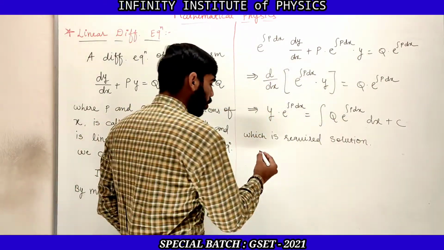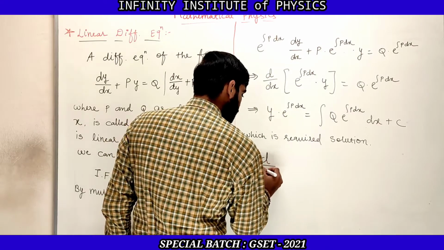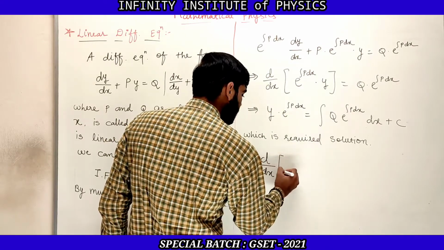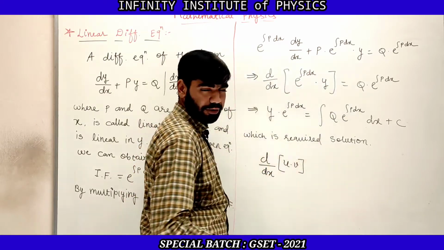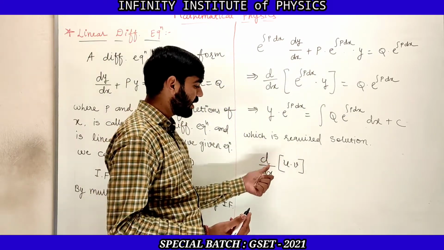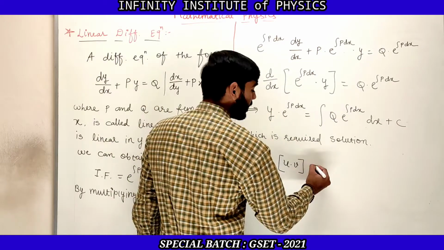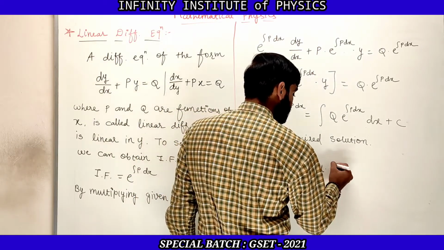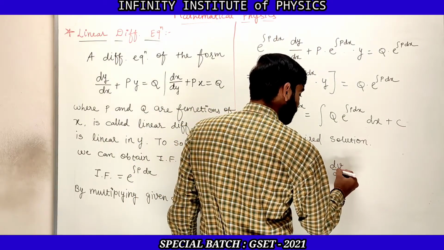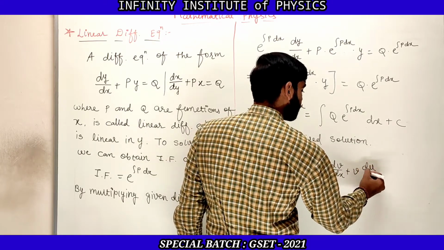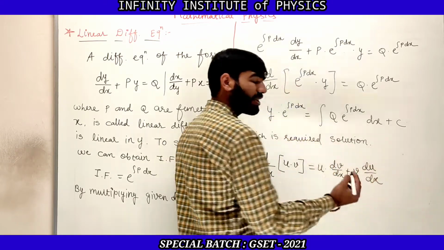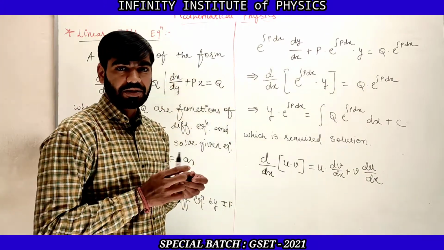But we know the product rule for differentiation: if we have d/dx of (u·v), then it will be u dv/dx plus v du/dx.